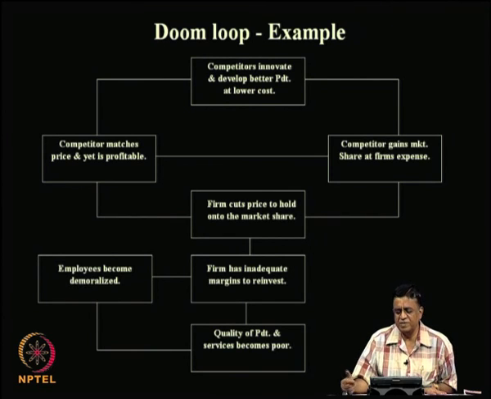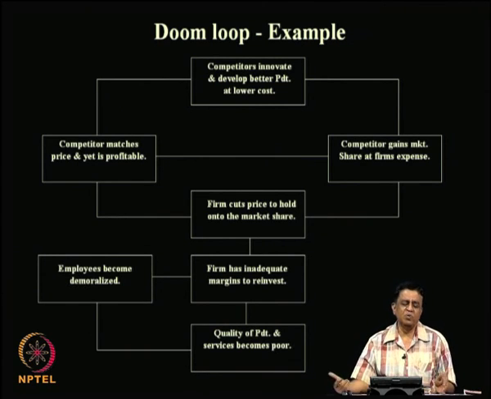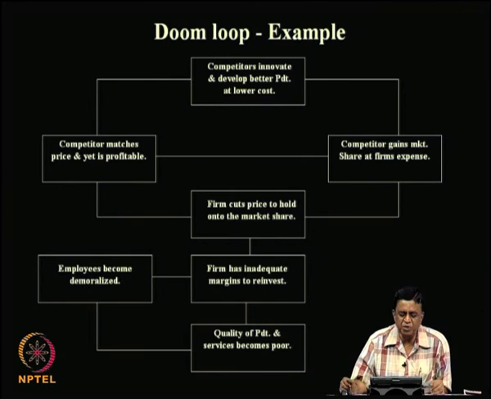Because of so many operational problems into which it got itself. The result is the company itself had to close down. So, that is the type of result which these doom loops can impose on a company.